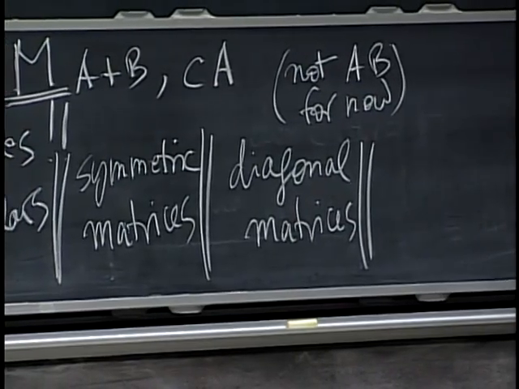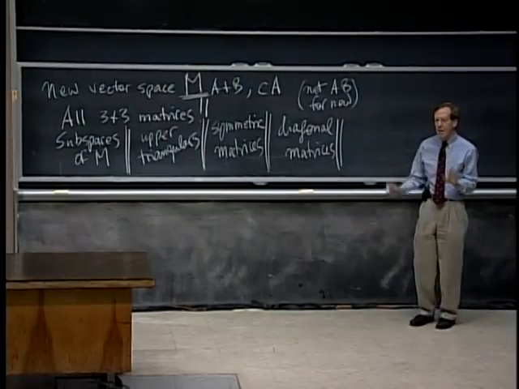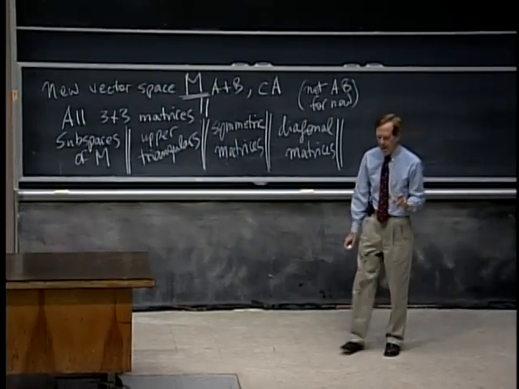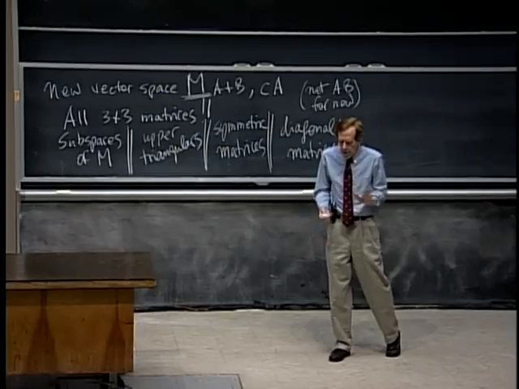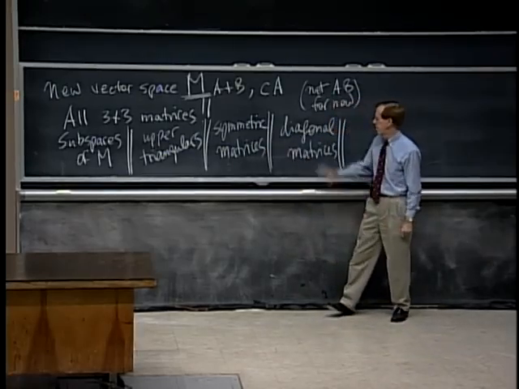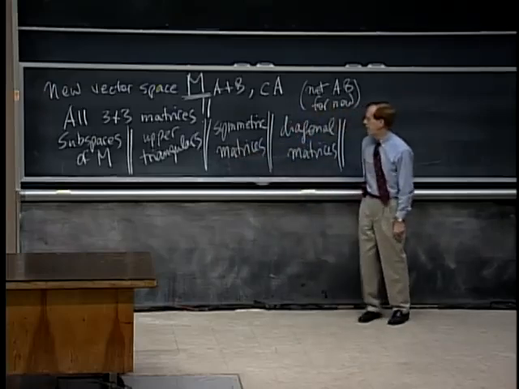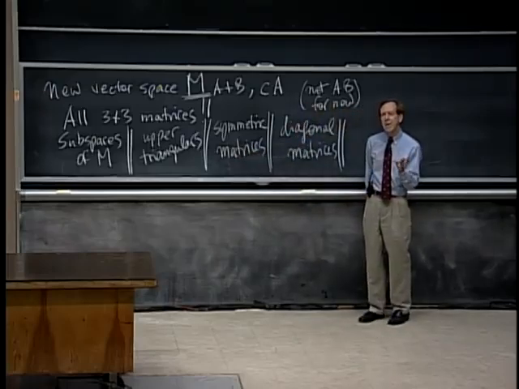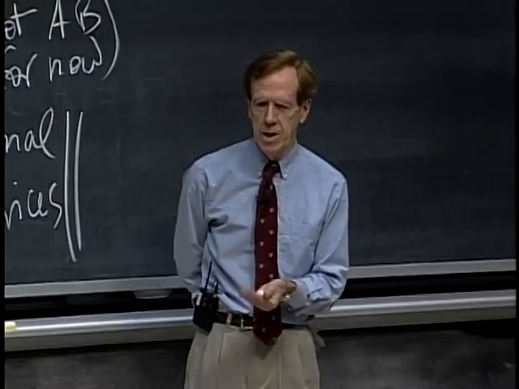How can I use the word smaller? Well, I'm now entitled to use the word smaller. One way to say it is, okay, these are contained in those. These are contained in those. But more precisely, I could give the dimension of these spaces.